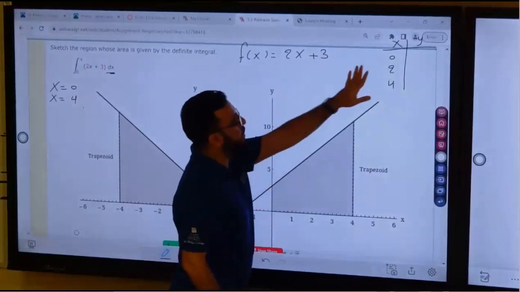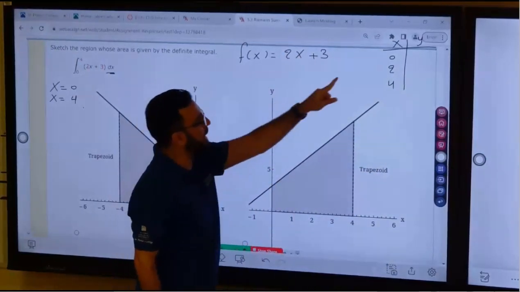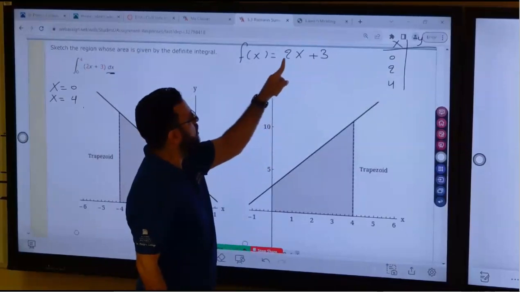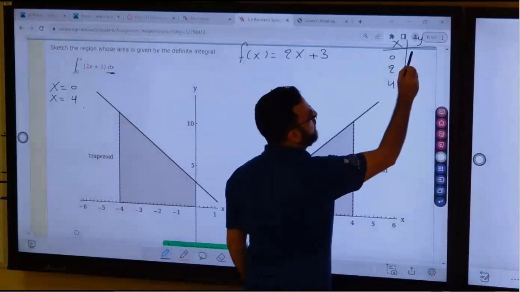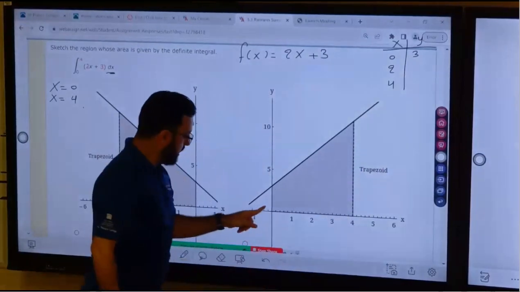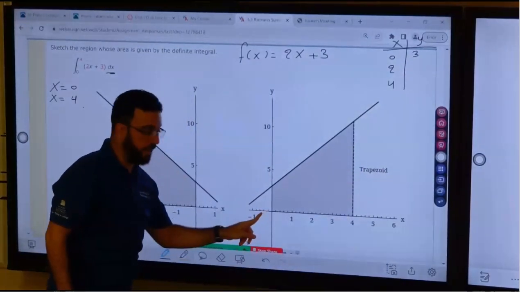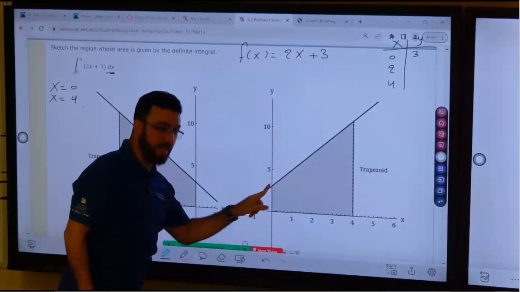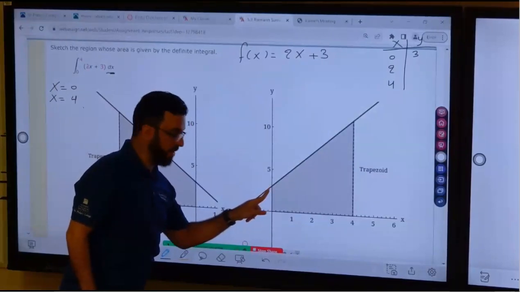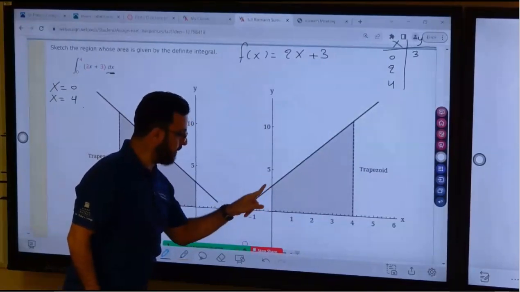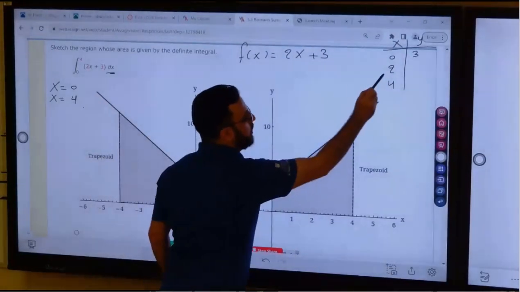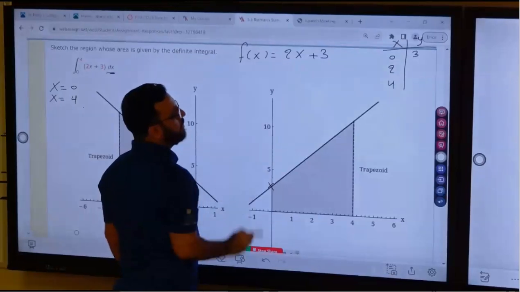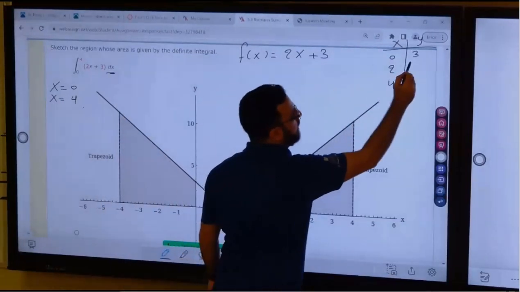Now let's plug in these points to find the y. If I plug in 0 here, 2 times 0, 0, plus 3, that means y is going to be 3. Is this right? Look here. When x is 0, how much is y? 3. 1, 2, 3, 4, 5. So the y is 3. This is the right point. When x is 2, plug in 2 times 2, 4, plus 3, 7.